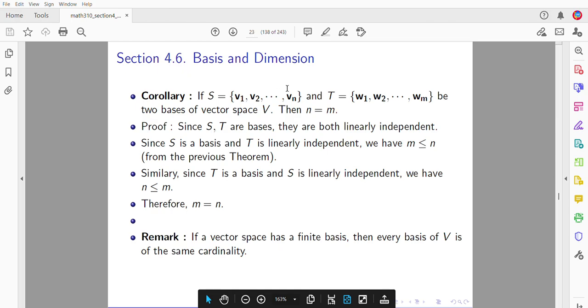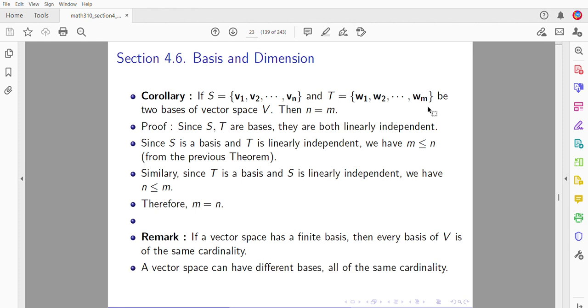S has cardinality n, T has cardinality m. If they are both bases of the same vector space V, then n has to be equal to m. A vector space can have different bases, but they all must have the same cardinality.